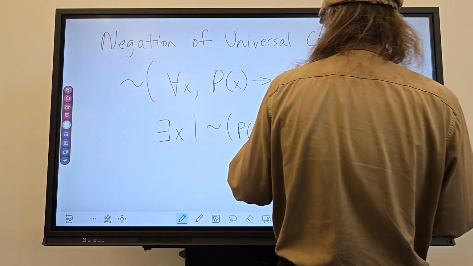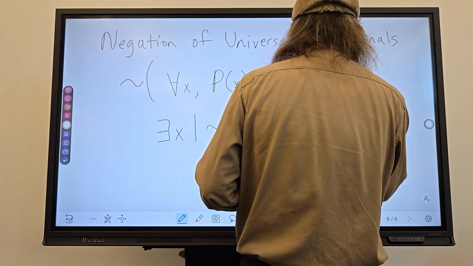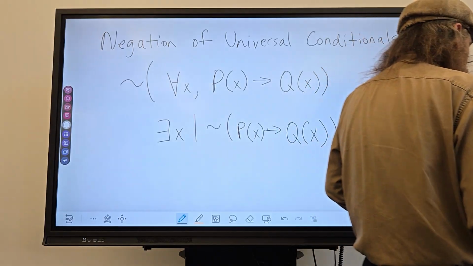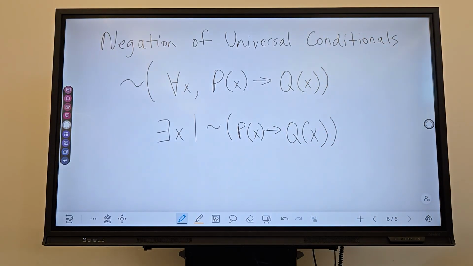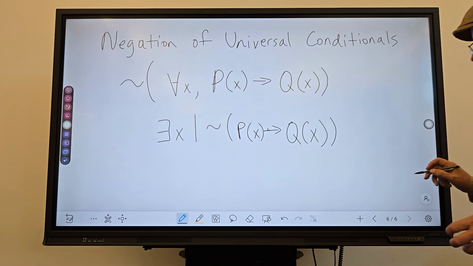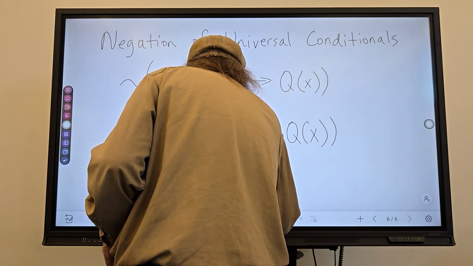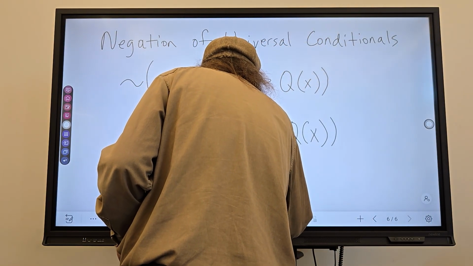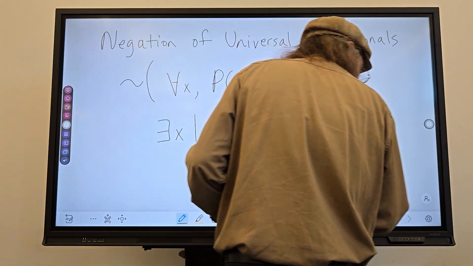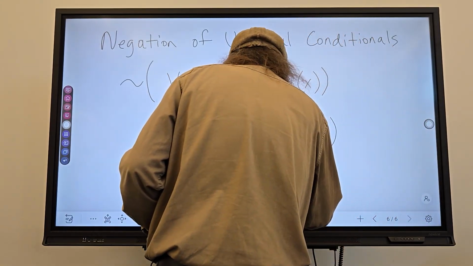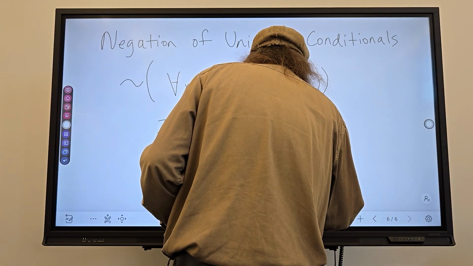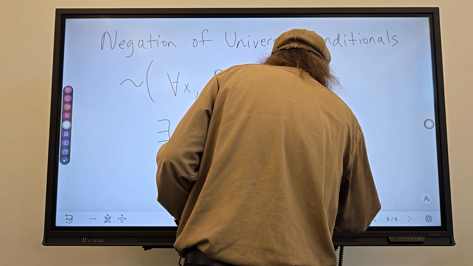Okay? But we learned previously the negation of a regular conditional is P of x and not Q of x.